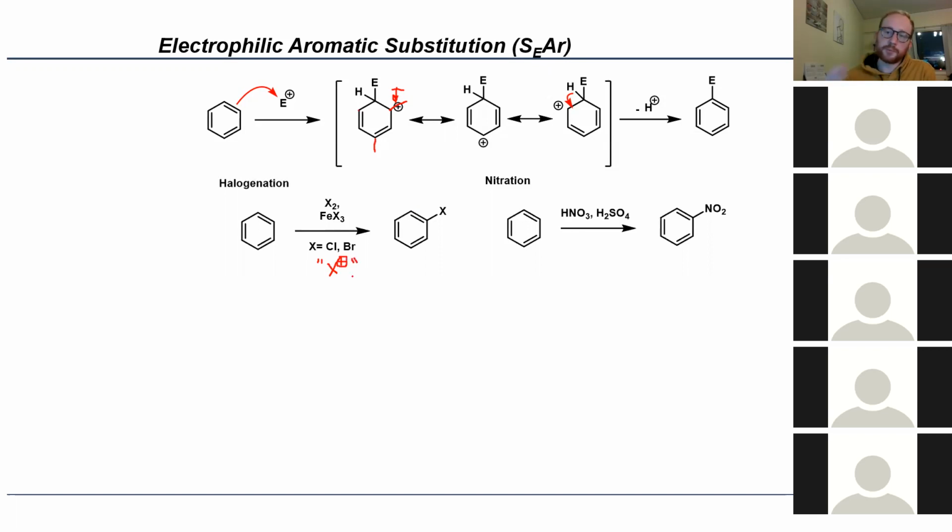So this is the bromine cation or the chlorine cation, and those are the activated electrophile. You can look at your notes to see how the Lewis acid here facilitates the formation of X+, but one of the keys here is that X+ is our activated electrophile species.